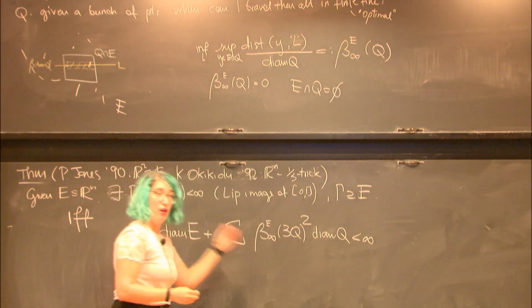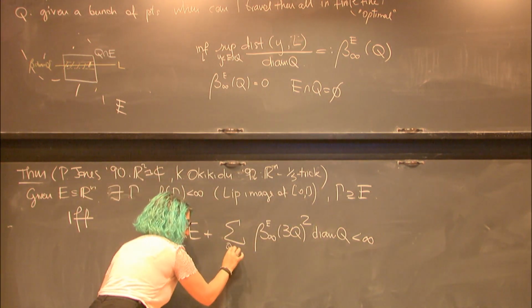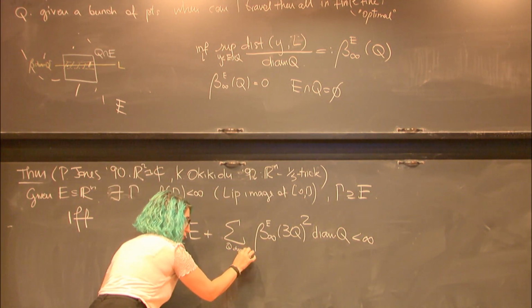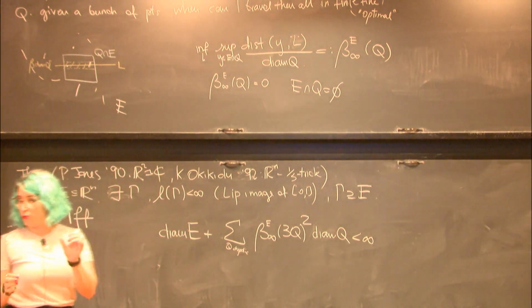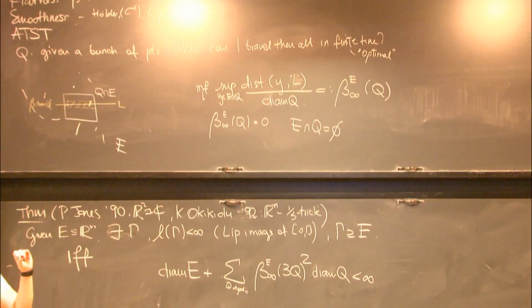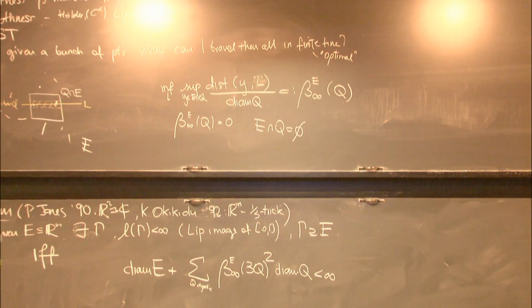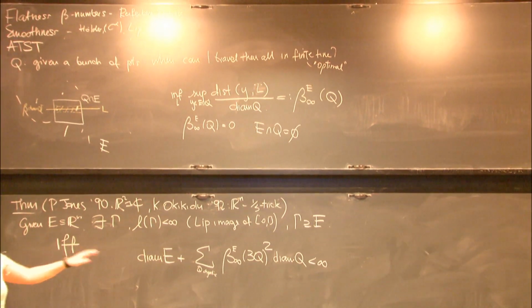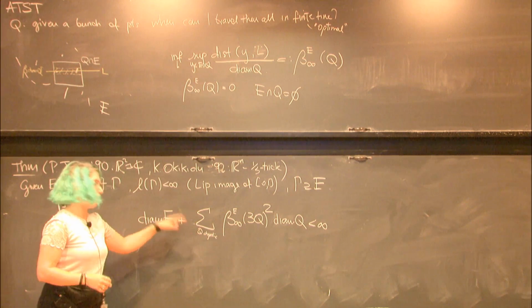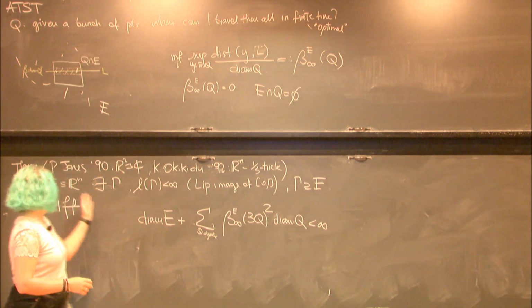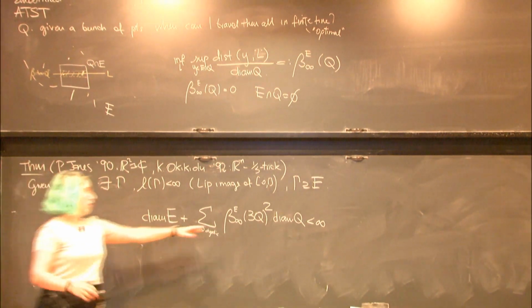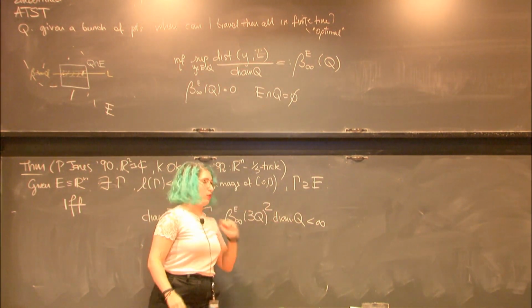And where am I summing? I'm summing over all the dyadic cubes. The dyadic cubes are cubes with side length 1 over 2 to the k for k integer. And I'm summing over all of them. For each fixed k, each of them is a tiling of the plane or of the space, okay? So I'm summing over all of them, but this is why I have this helping me, and also the square.